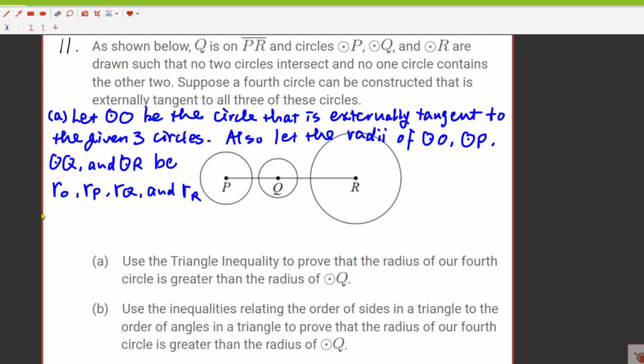So as we learned in the previous lesson, if two circles are externally tangent, then the point of tangency and the centers of the two circles are all collinear, right? Therefore, the distance between the centers of these circles is the sum of the radii of the two circles, right?